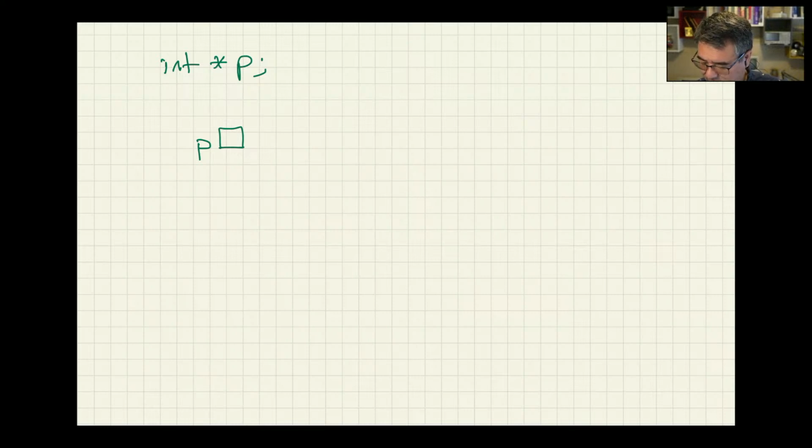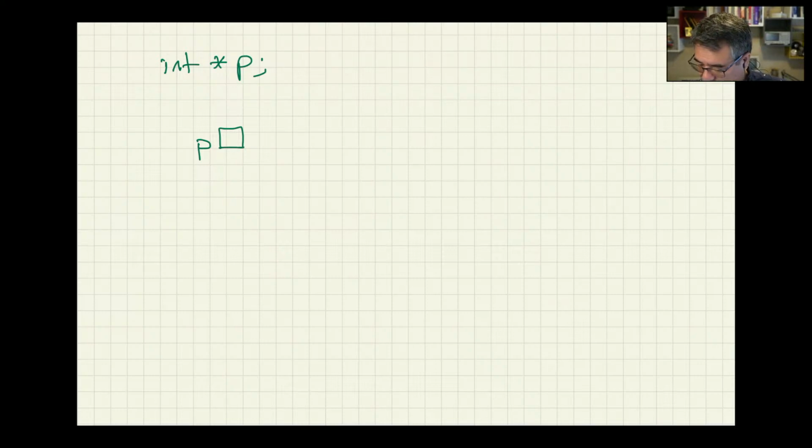We say that p basically points to an integer. The thing is that there is the integer pointer, but then there's the integer itself, the thing that it points to. So when you allocate an integer pointer, it does not set aside space for the integer that it's pointing to. It just sets aside space for the pointer itself. This box is just the memory address of an integer, but by itself, the declaration of an integer pointer does not set aside space for the number, the actual integer.